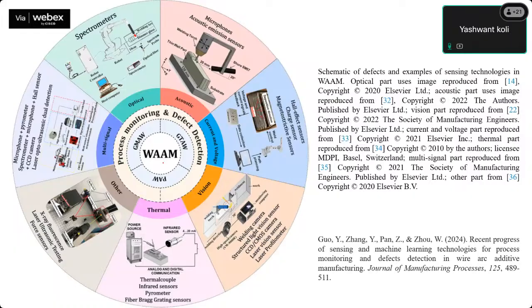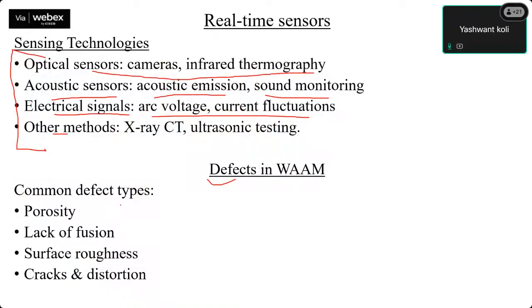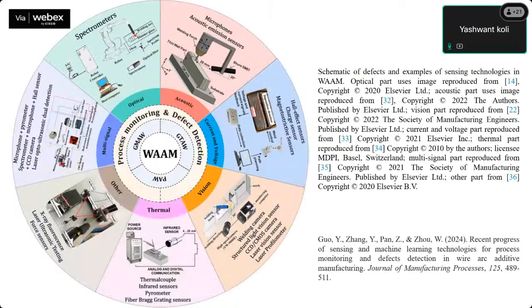So to improve these defects, the techniques we are adopting in smart manufacturing are optical sensors like spectrometers, cameras, visual sensors, then acoustic sensors like microphones, then electrical sensors like current and voltage monitoring, and thermal sensors like infrared cameras.